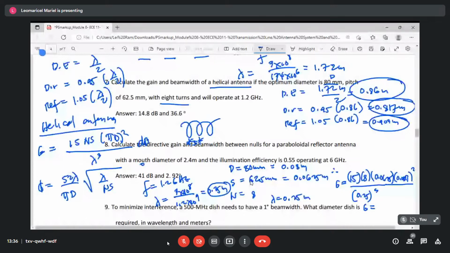Ano nakuha nyo? 15 times 8 times 0.0625.